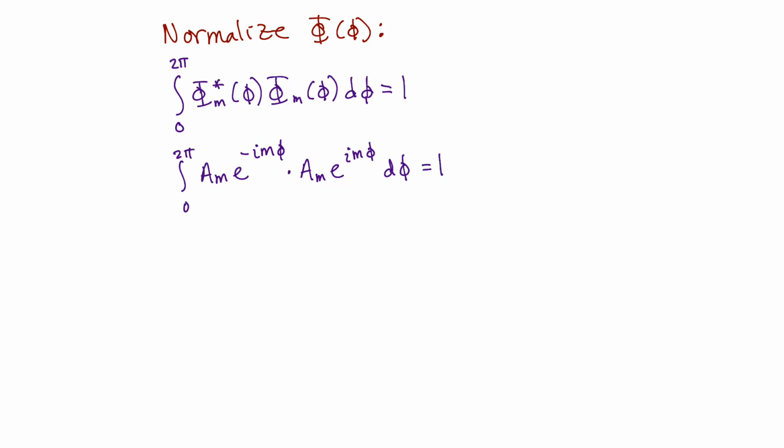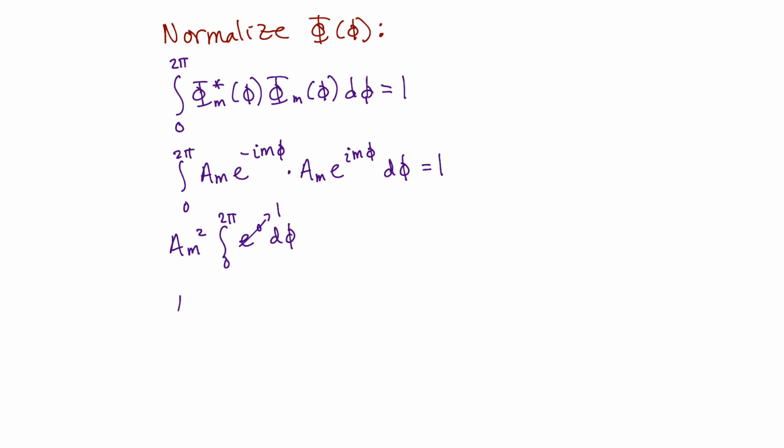Okay, so what is nice about this is, remember for our exponential functions here, we just want to add up the exponents when we multiply them together. Okay, so we end up with, let's take our constants out, A sub m squared, and then we have e to the 0, d phi inside, and that just goes to 1.